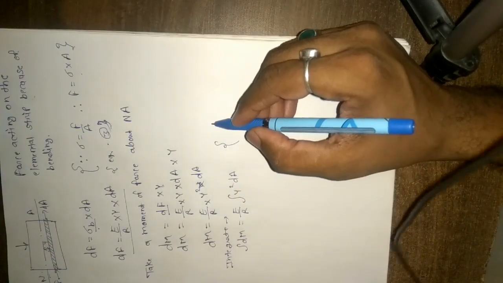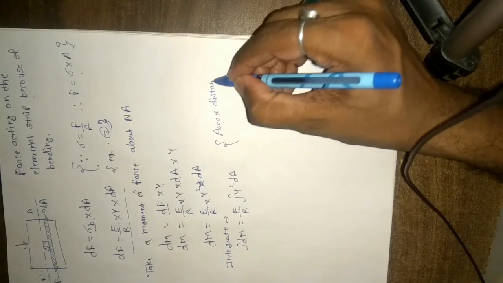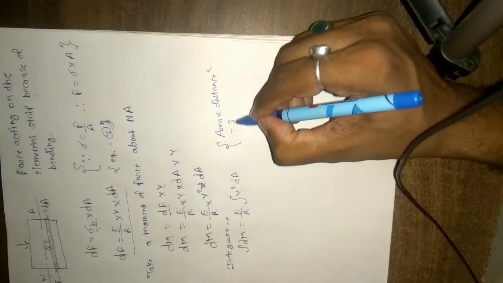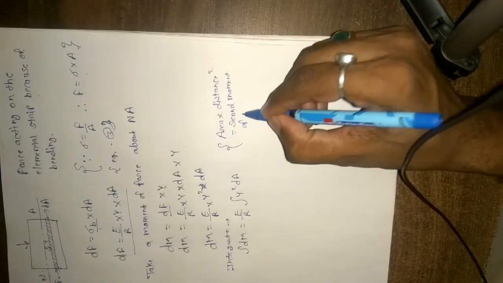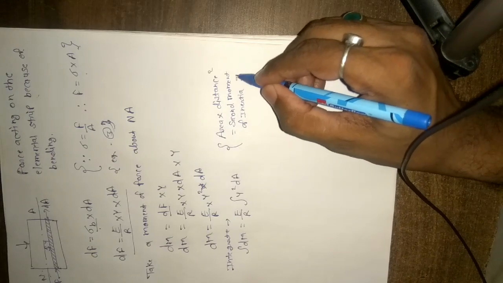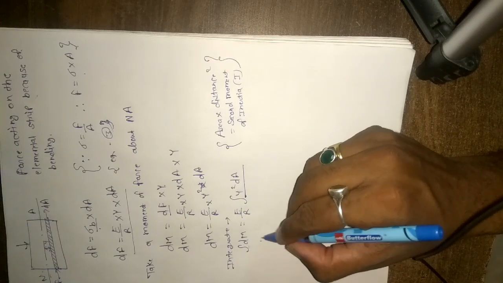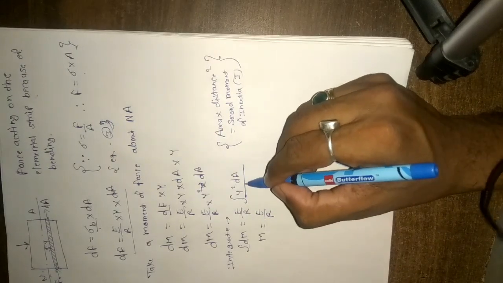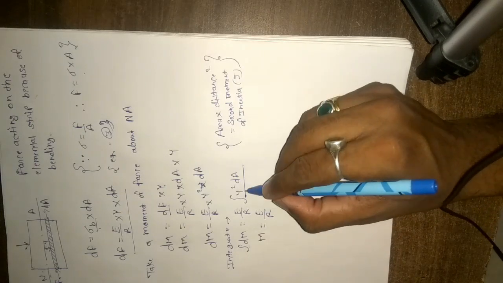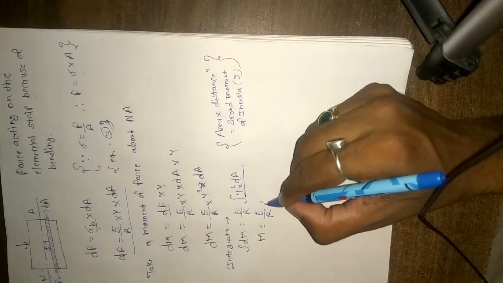As we know, the area into the distance square equals the second moment of inertia, that is I. So in this place we can put I, and the integration of dM will be M. Both E and R are constant.